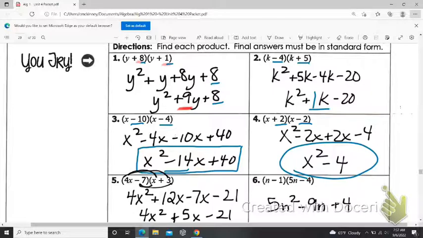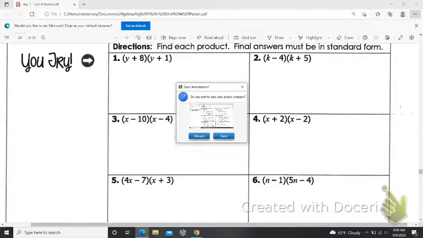The negative 4n and the negative 5n add together to make negative 9n in the middle. Moving right along.